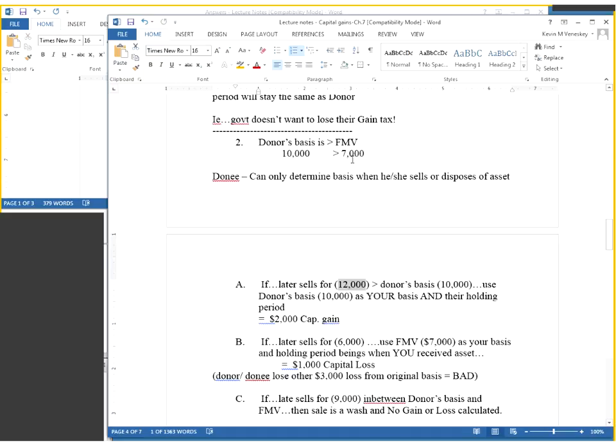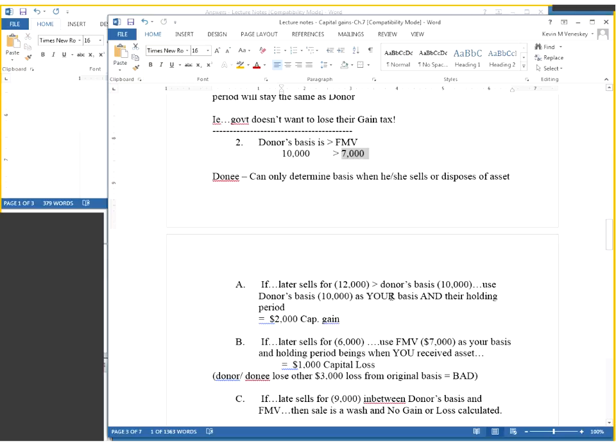The other way to look at it is to say, you can always use $7,000 as your basis no matter what's going on, and then you have a $5,000 gain, but then you get to deduct the part in between that the donor would have lost out on. The donor has $3,000 in potential losses if they would have sold it.